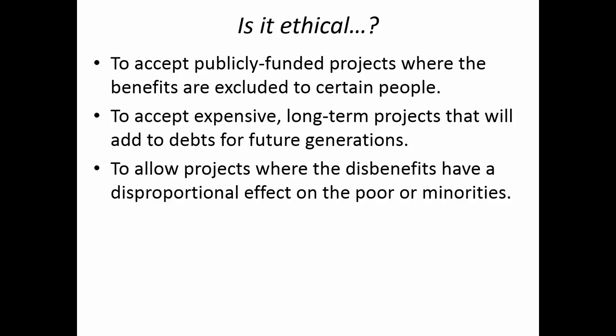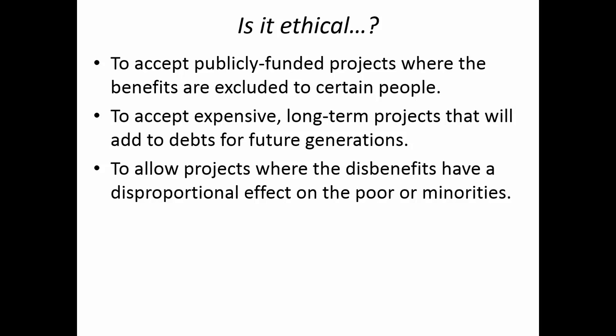This third point is something that unfortunately happens a lot in transportation. If there's going to be a new road, sometimes planners will decide to put the new road through the poorest neighborhoods in town because it costs the least to buy the land. And then the people around it are going to have the extra noise and the extra congestion of a new road.